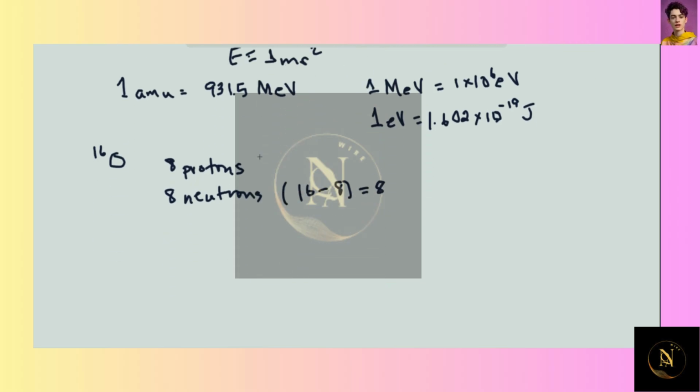And so the oxygen atom should be 8 times the mass of a proton plus 8 times the mass of an individual neutron.